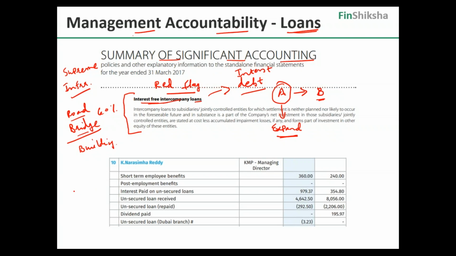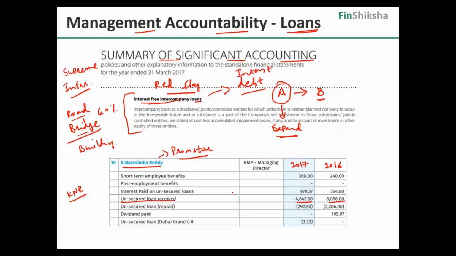Second red flag, this I have taken from KNR Constructions. Again, the construction business, where it says that they have unsecured loans received from companies. K. Narasimha Reddy is the promoter. They have received unsecured loans of 80 crores and 46 crores, in the latest years, 2017 and 2016.